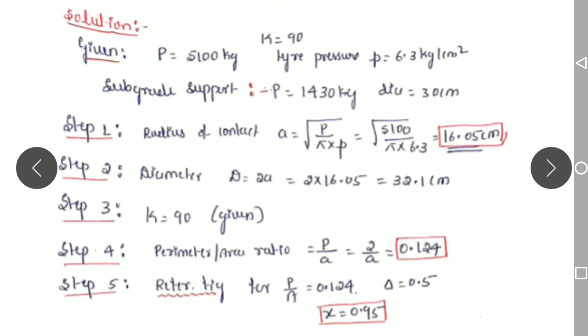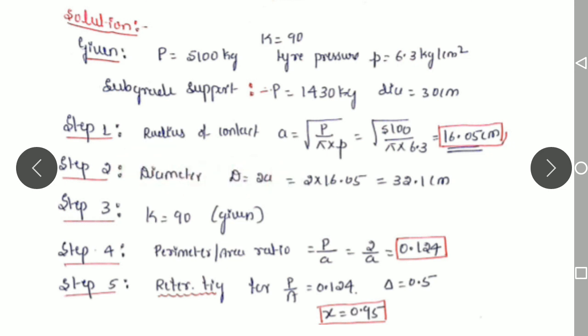The radius of the contact area, a, is equal to, we have the formula, the square root of 5000 divided by pi into 6.3. So you need to find the radius of the contact area a. Capital P is the wheel load, and small p is the tire pressure. This one you need to consider. Now you have to find the diameter.